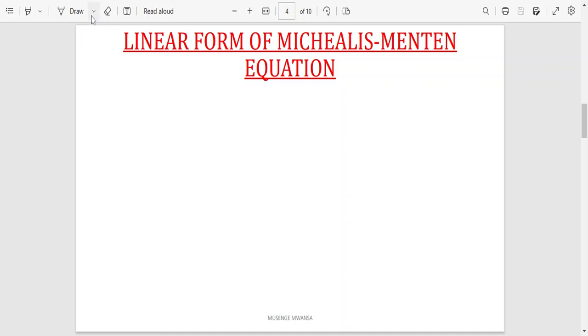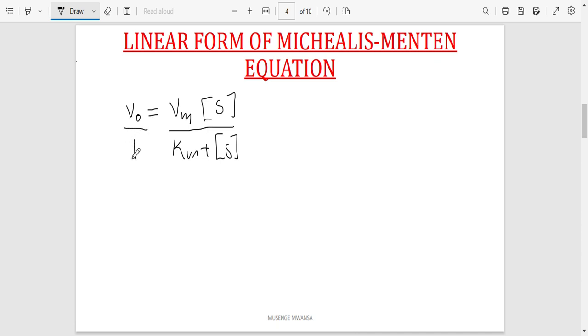Now we can also have the linear form of this equation. How do you get the linear form? Remember, we have said V, the initial velocity, is actually given by Vm multiplied by the concentration of the substrate divided by Km plus the concentration of the substrate. So if I reciprocate this equation, so this is over 1, of course, I take 1 on top and then the VO comes down.